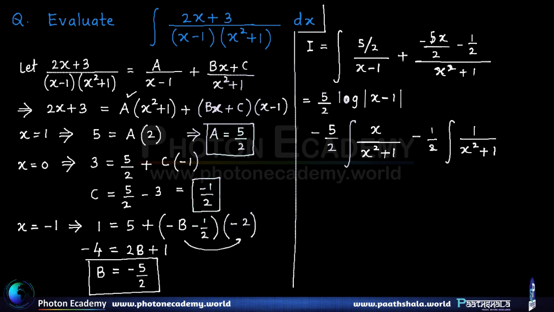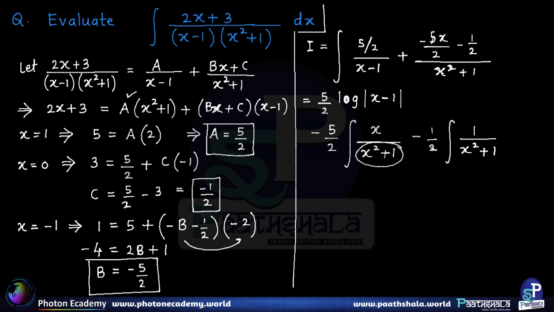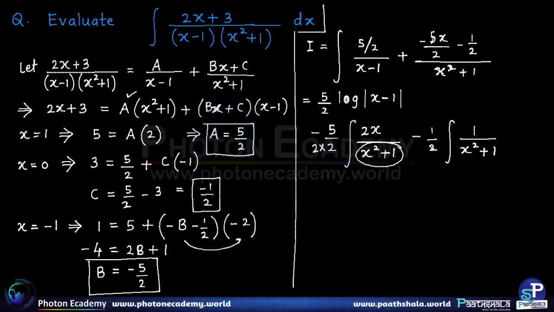Now in the second integral, we have the denominator as x square and the numerator as x. So the derivative of the denominator, which is 2x, can be easily adjusted in the numerator by multiplying and dividing by 2. So the answer of that will be log of x square plus 1. In this way we can evaluate all the integrals, and that is the final answer.